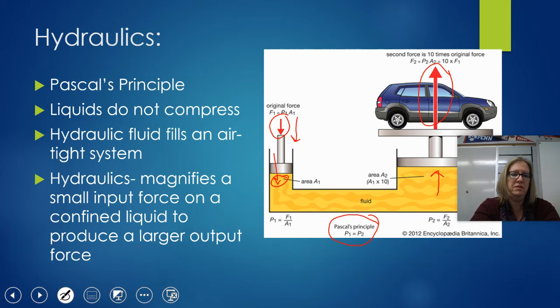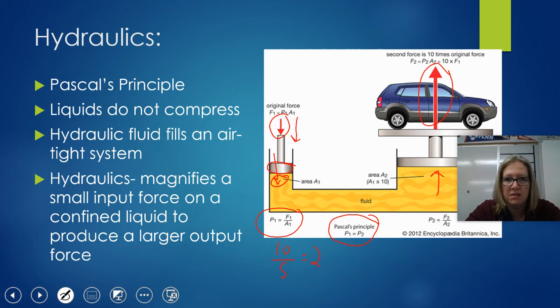I'm going to try to plug some numbers into this so it makes a little more sense to you, okay? And I'm just going to make these numbers up, okay? So I've got my pressure equation right there, okay? So if I have an input force of 10 and the area of the piston that I'm initially pushing down on has an area of 5, that's going to give me an initial pressure of 2.